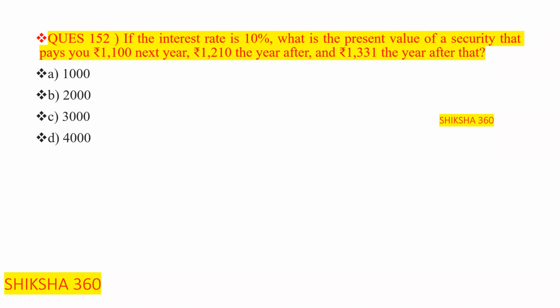That is, 1100 after the first year, 1210 at the end of the second year, and 1331 at the end of the third year. We just have to calculate the present value.